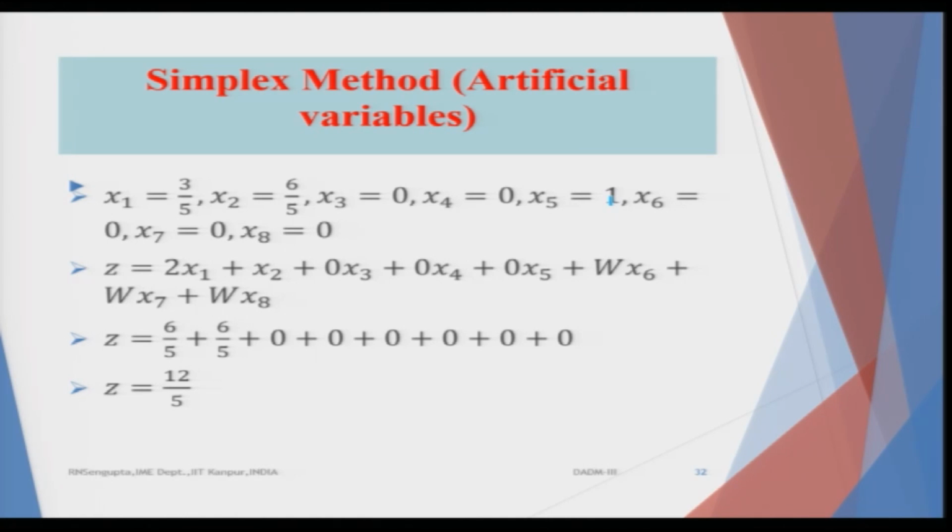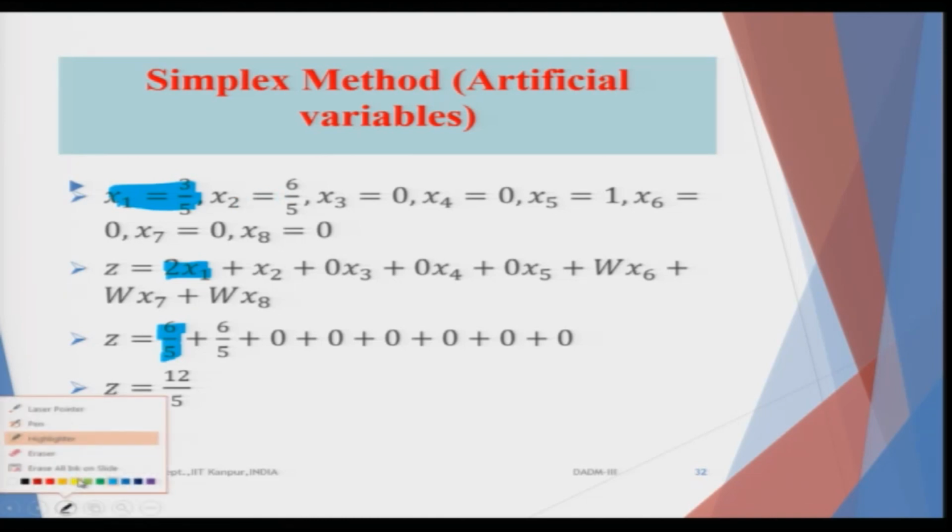So, when I put it in the objective function, x1 is 3 by 5, so it will be 2 into x1, which is 6 by 5. x2 is 6 by 5. So, this objective function is x2, so it is 6 by 5.